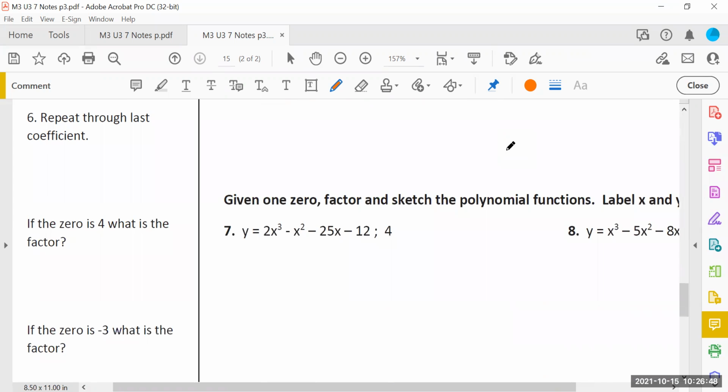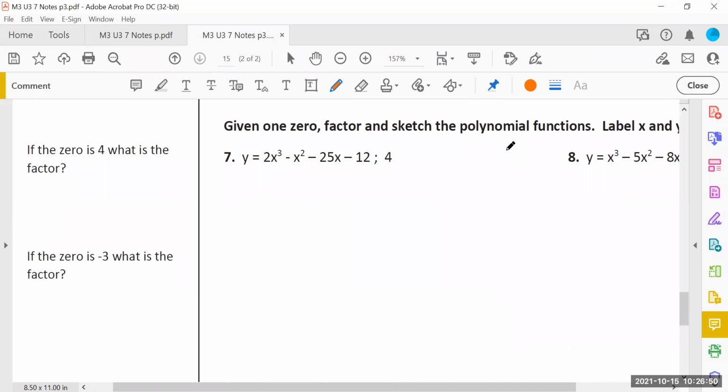Now, the reason we're putting this all together is to do number 7. Everybody look at number 7. 2x cubed minus x squared minus 25x minus 12. And then they're telling us given 1, 0. So the 4 right here is a 0. If that's the 0, what would the factor have been? X minus 4.